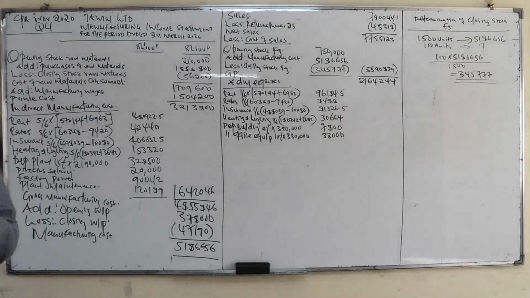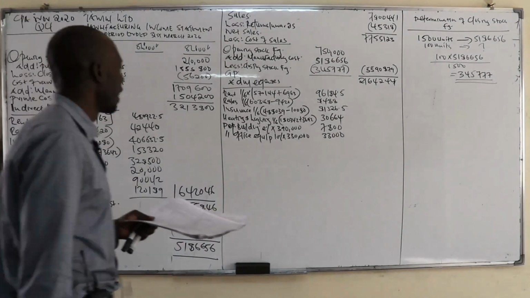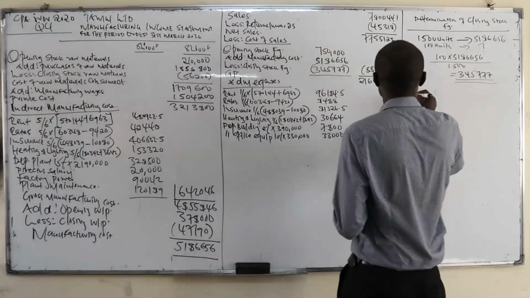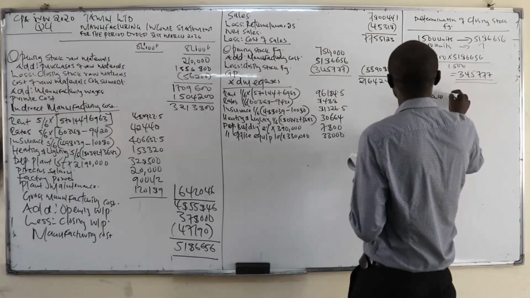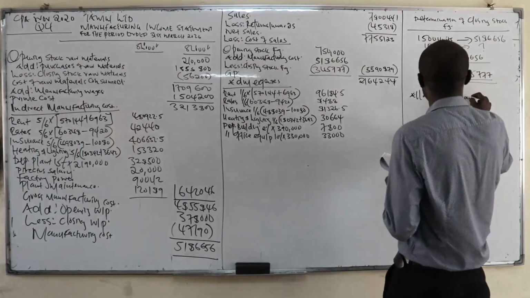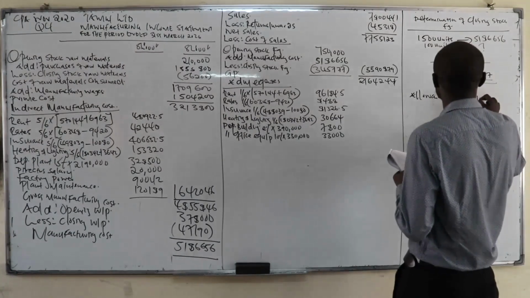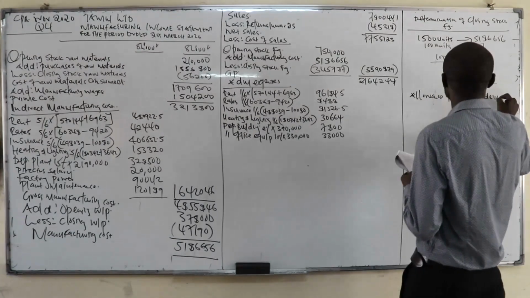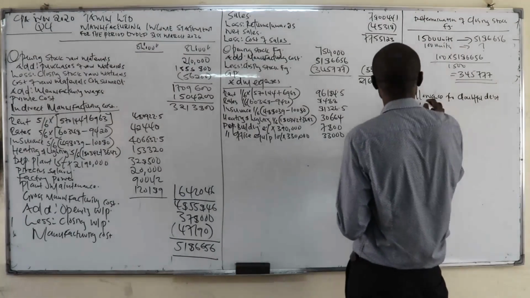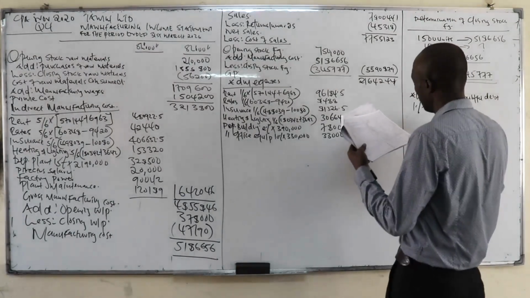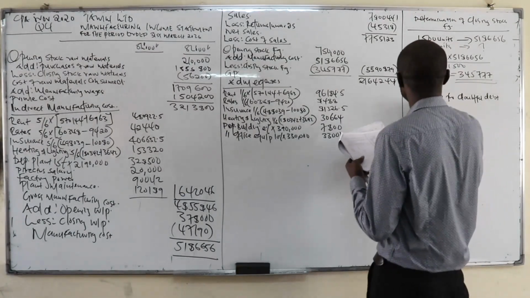And then we have allowance for doubtful debts to be maintained on the accounts receivable at 1%. So here we have allowance for doubtful debts, which is 1 over 100.